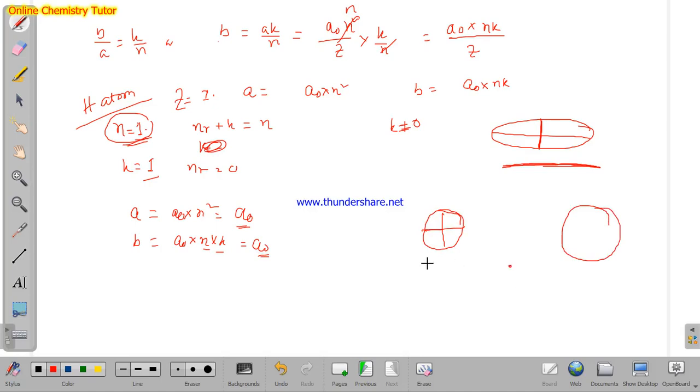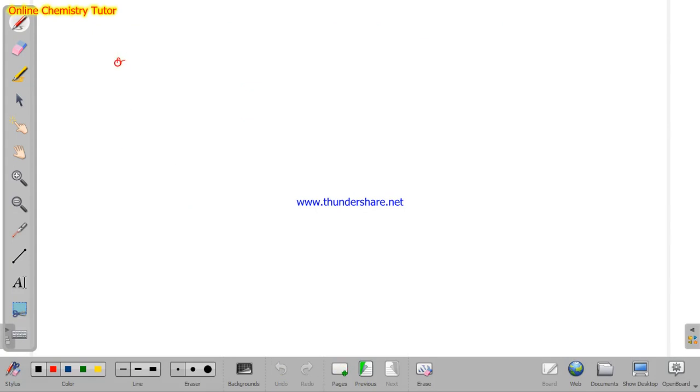Now for n equal to 2, what happened? k should be 1 or 2, and nr will be 0 and 1. When nr equals 1, k equals 1, and when k equals 2, nr equals 0.